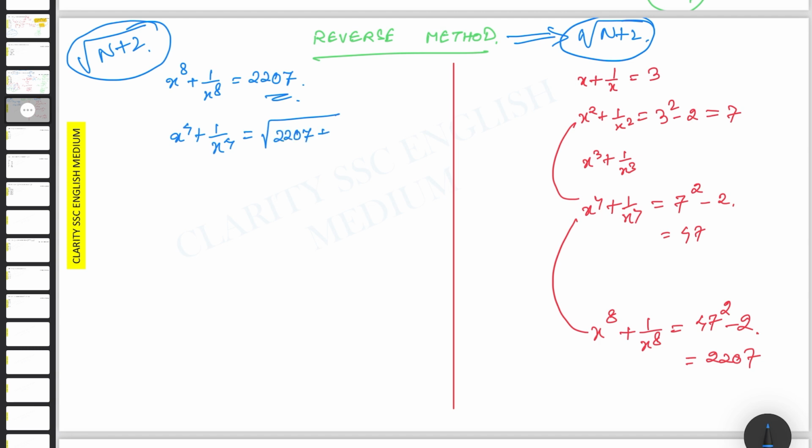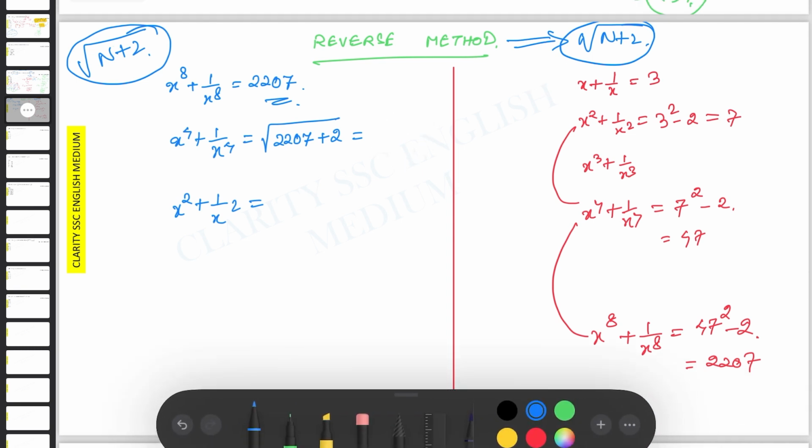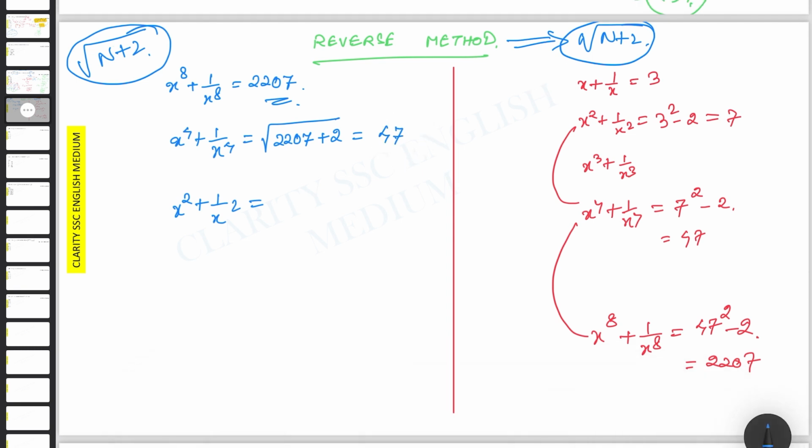Root over 2207 plus 2 is nothing but 47. And after this, x squared plus 1 by x squared is root over 47 plus 2, which is obviously 7.